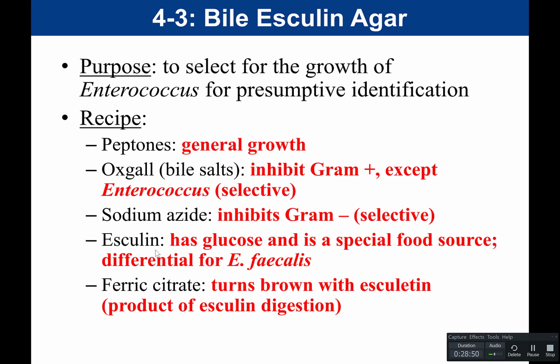Ferric citrate is the reagent that's in the media, so we don't add it after, it's actually in the media, and it turns brown with esculetin. And esculetin is a product of esculin digestion. And so what that means is that if the organism metabolizes the esculin and produces esculetin, that esculetin is going to interact with the ferric citrate and it's going to turn brown. And so let's look at that.